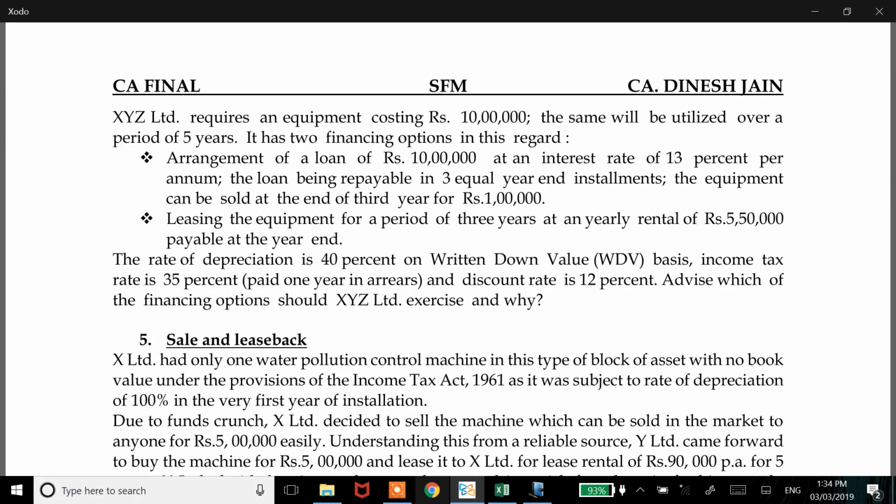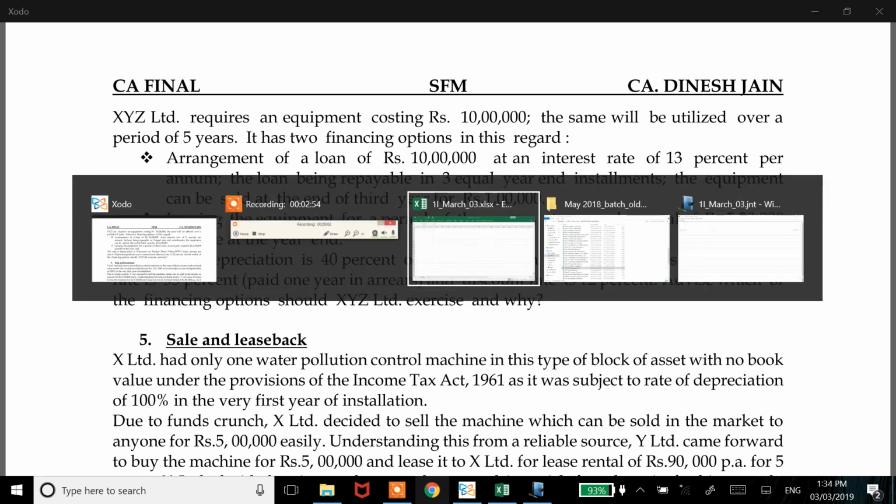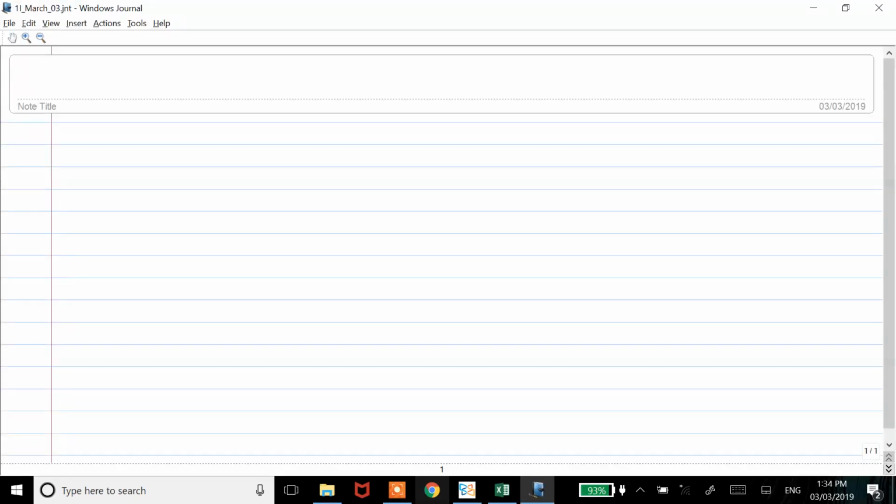Working note 1, evaluation of loan option.